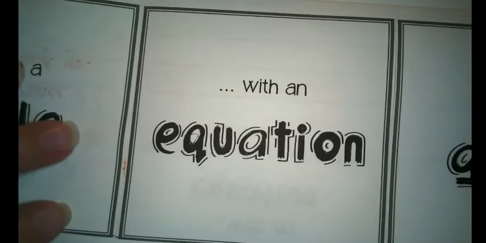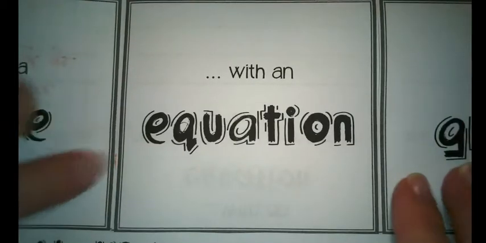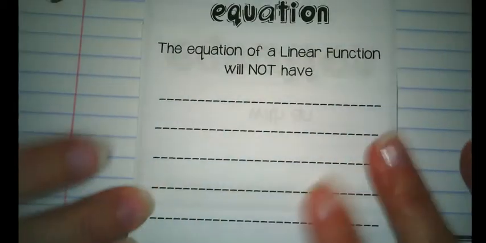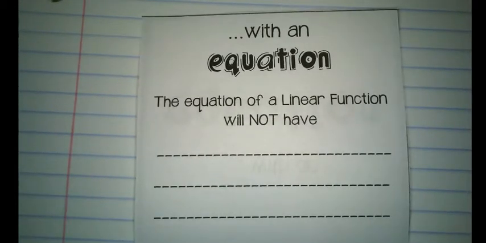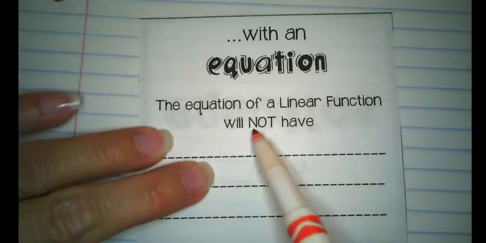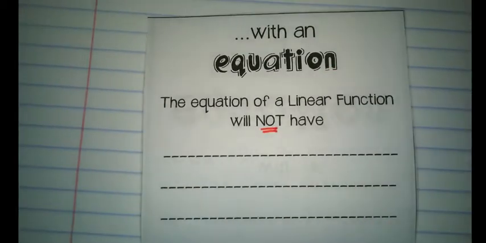All right, moving on to the next tab, we're going to look at how you can tell if a function is linear by looking at an equation. So if we open this one up, the equation of a linear function will not have... What I want you to pay attention to on this is that these are the characteristics that will not be in an equation.